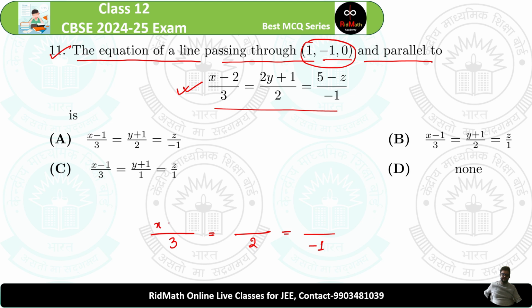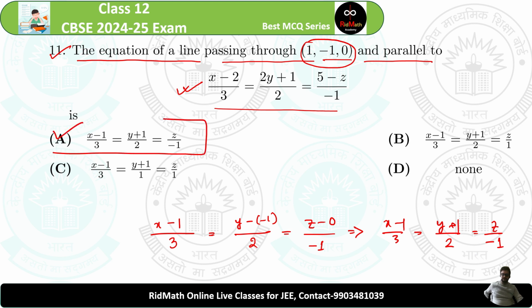So x minus 1, then y minus minus 1, and z minus 0. So this is equal to (x minus 1) by 3, equal to (y plus 1) by 2, equal to z by minus 1. Okay, that means A option is again correct.